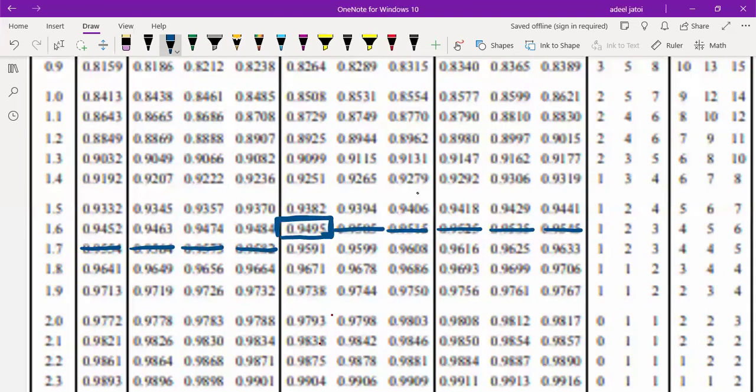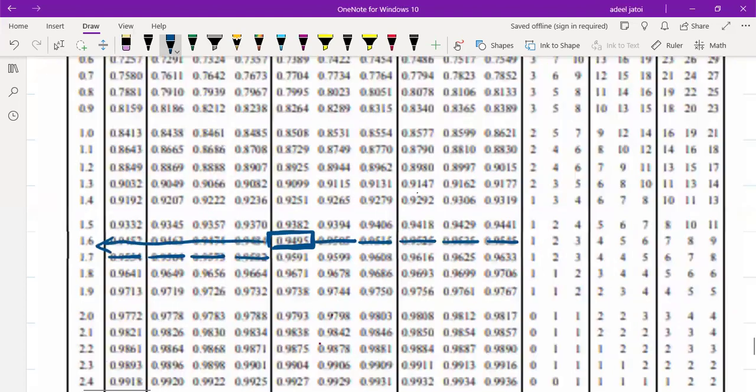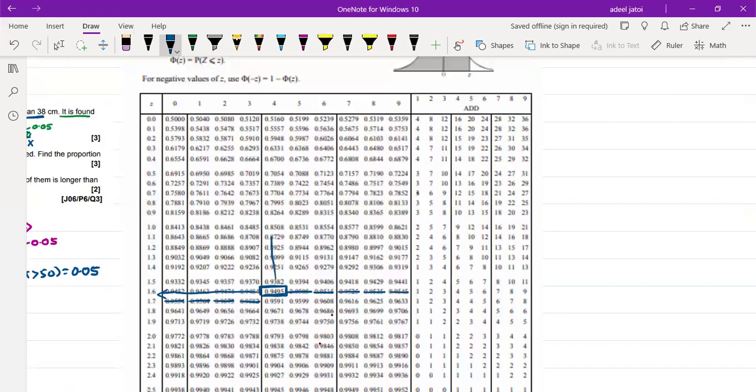What does it show? This shows 1.6 on the left, and 4 at the top. So what do we have? 1.64. But 9495. How much should be added so that we get 9500? We need 5.